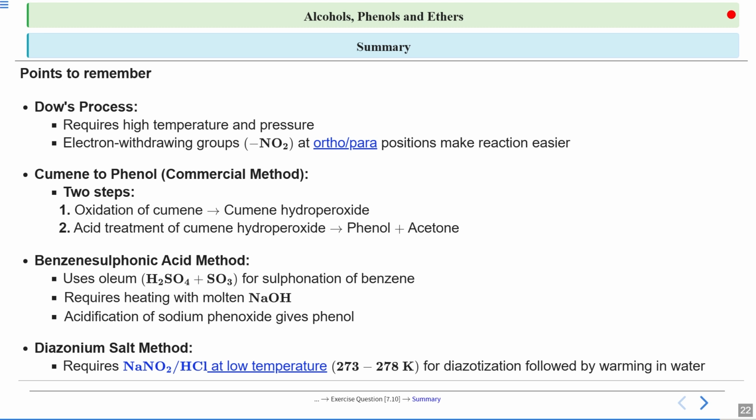So these are the 4 methods we have studied today regarding the preparation of phenols.